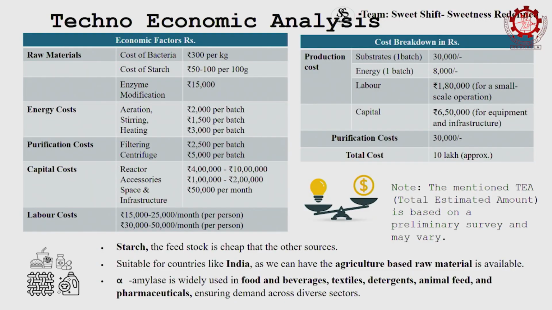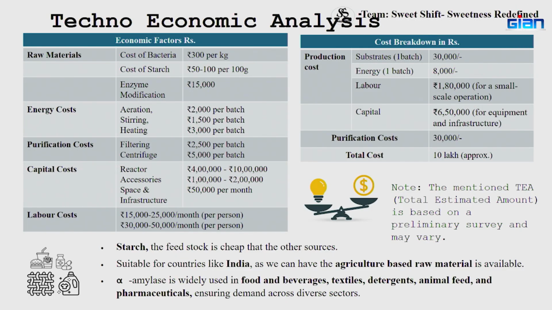And coming to the techno-economic analysis, previously we discussed this in the plant protein production. There I followed the same methodology. The raw materials: the cost of bacteria, the cost of starch, and the enzyme modification.